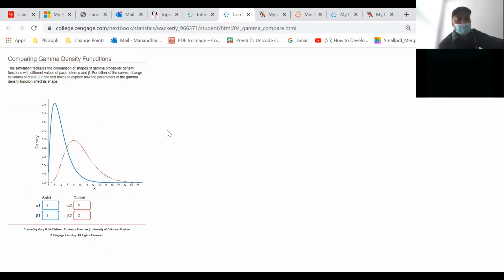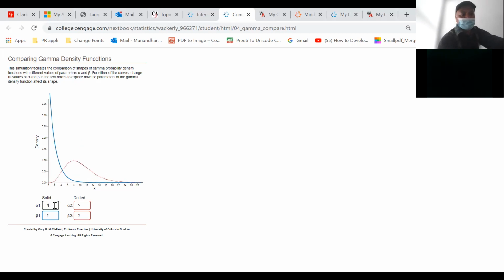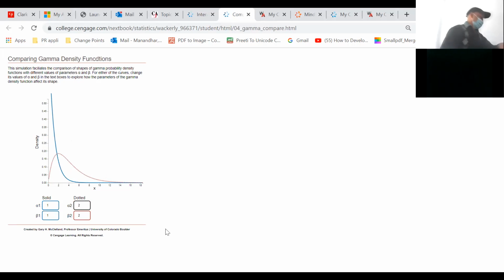So here you have alpha 1 and beta 1. If you plug in alpha 1 equals 1 and beta 1 equals 1, you see the shape is like the exponential. And for another one, alpha 2 equals 2, you see this one here. So it is showing the different shapes for the gamma.